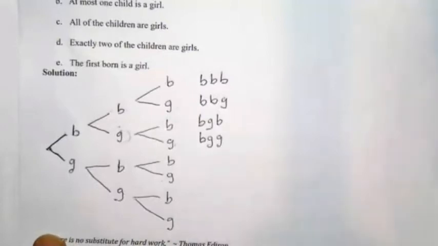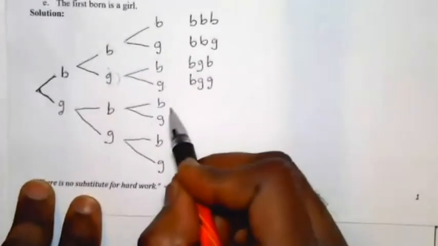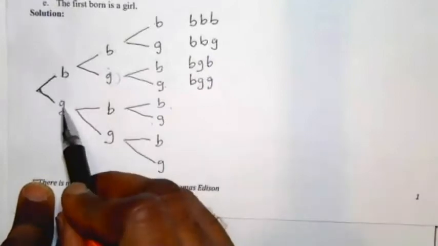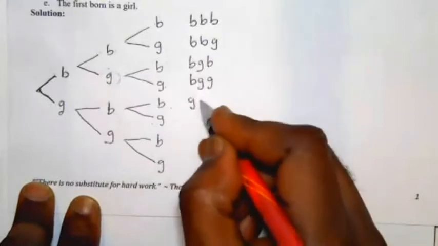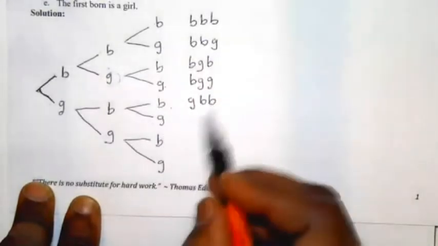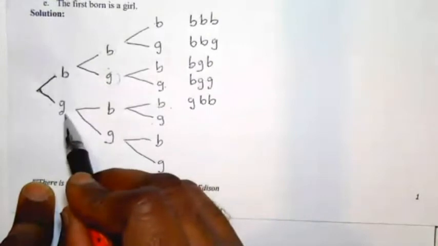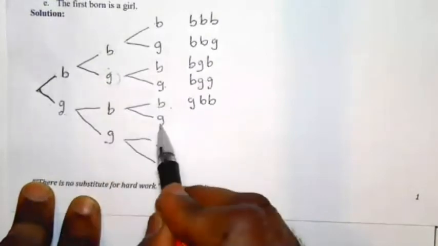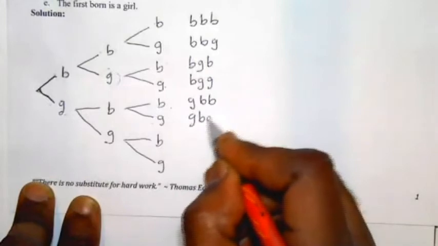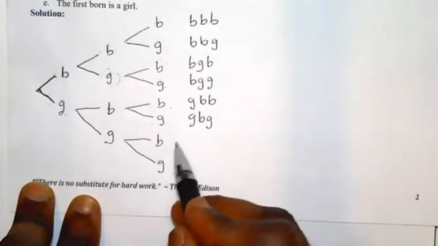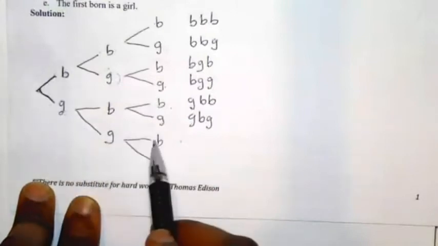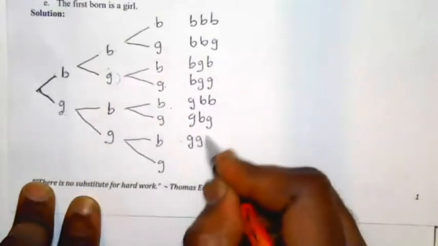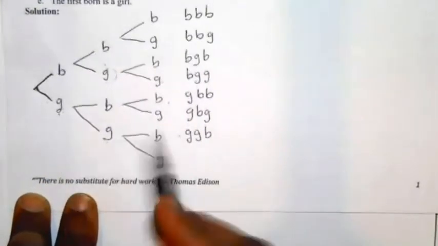Then the next one is girl, boy, boy. Then the next outcome, girl, boy, girl. Now the next one will be girl, girl, boy. And the last outcome will be girl, girl, girl.